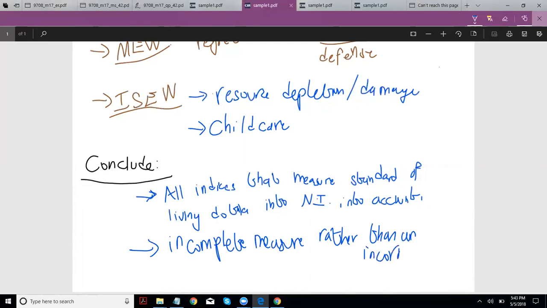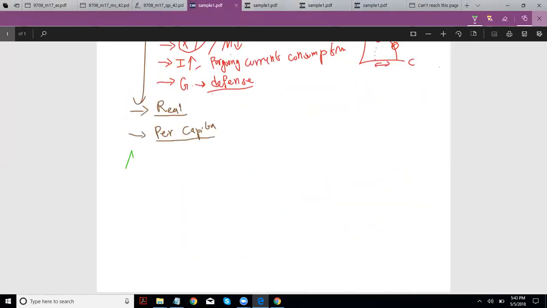Anything else you can add to the conclusion? Should you talk about the informal economies or like black markets and so on? Okay, so you can also talk about. We could have. In fact, we should have talked about that above, when we were talking here.